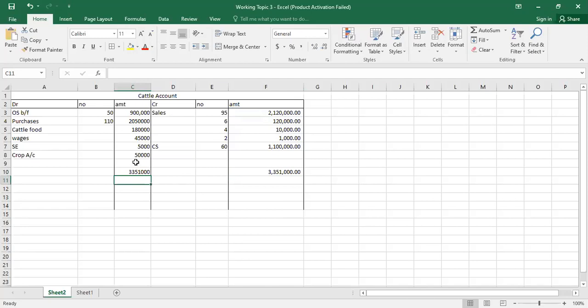So the figure here will be equal to this cell. We now subtract the sum of these cells. So this is our net profit figure. This will go to the income and expenditure account, or the P&L.